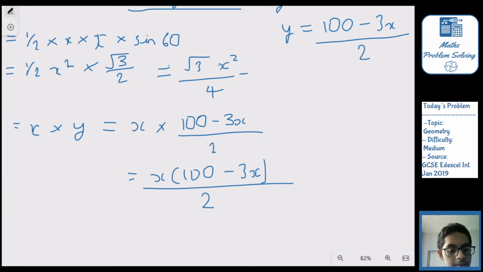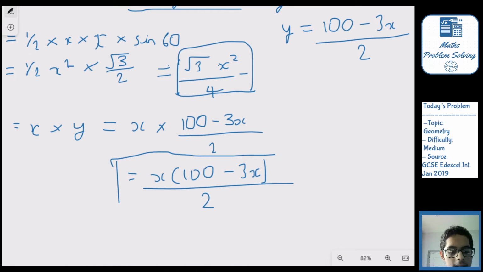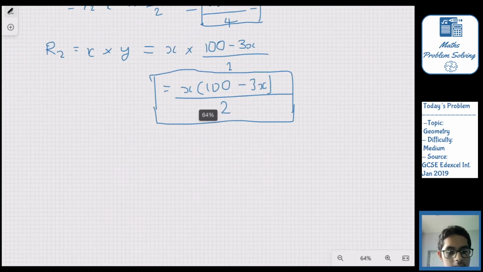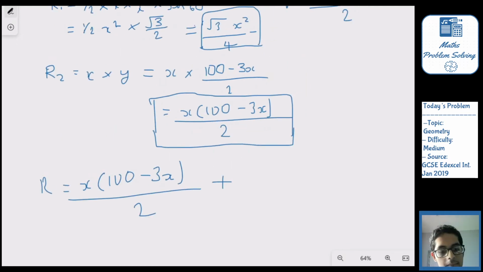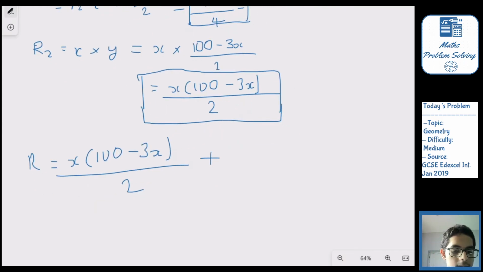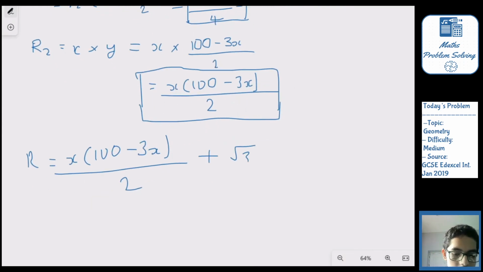Okay, so this is R1 and this is R2. So we need to merge these two. So R equals x times 100 minus 3x all divided by 2 plus, and this is the triangle, remember, the square root of 3 divided by 4 times x squared.